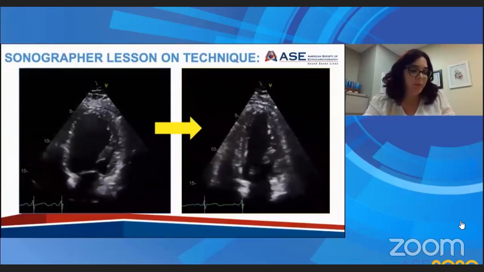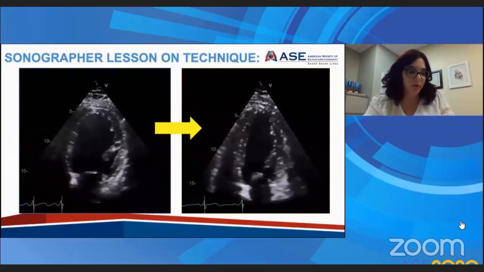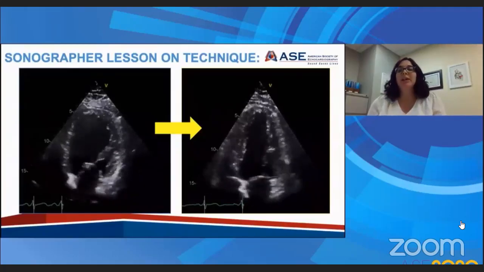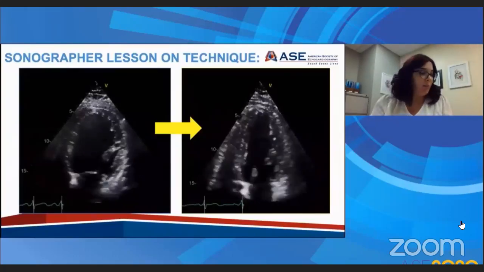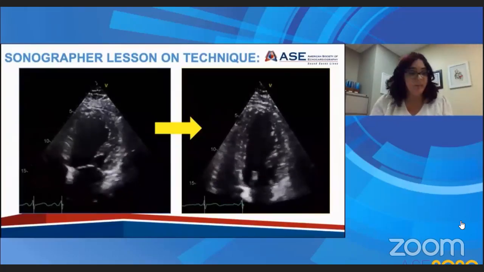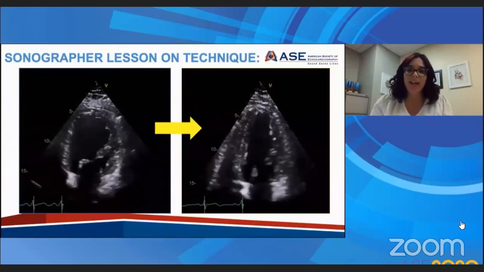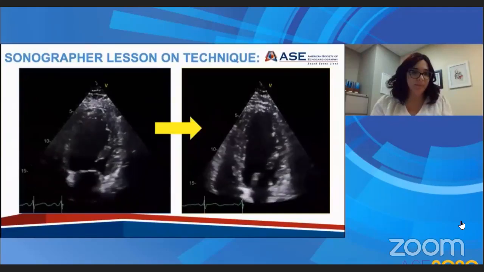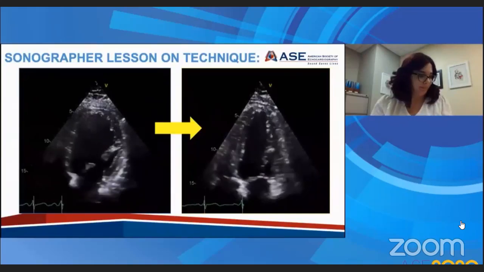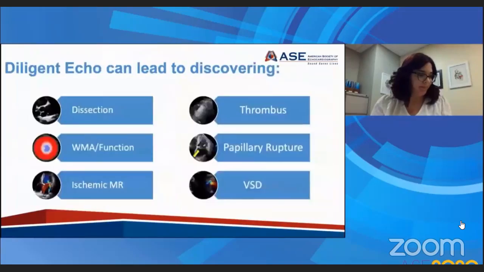A high foreshortened window actually falsely shows wall motion abnormalities that with a lower, more accurate window shows are not there. Next slide. So with diligent echo, we don't have to stop just at function, but can accurately evaluate for complications such as dissection, thrombus, and ischemic MR, and mechanical issues such as papillary muscle rupture and VSD.